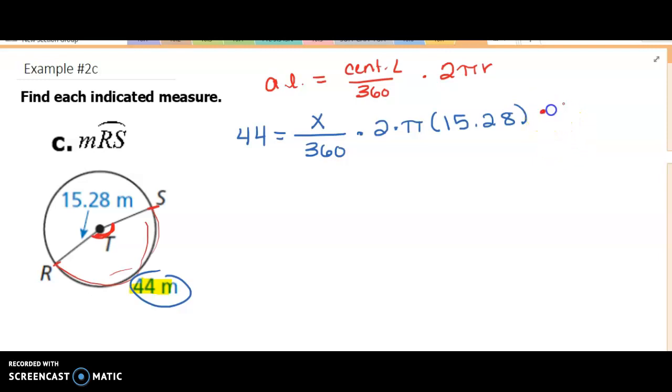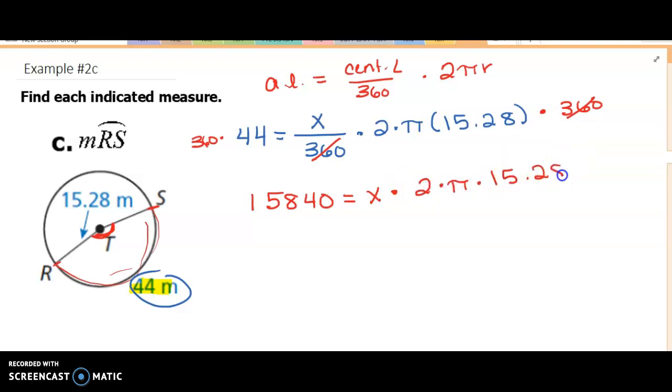So I'm going to first multiply both sides by 360. The reason I do that is to get rid of my fraction. So 360 times 44, I put that in my calculator. That's 15,840. That's going to equal, we're left with x times 2 times pi times 15.28.